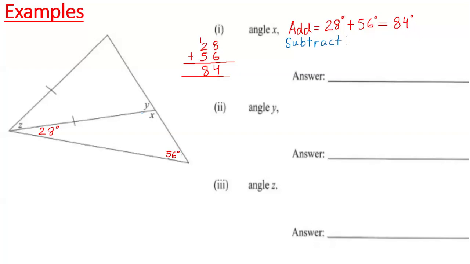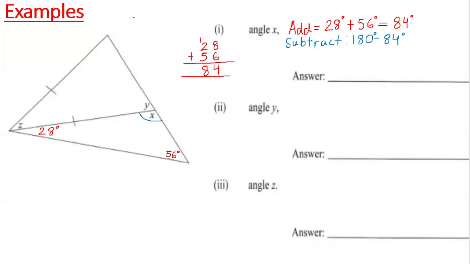And so remember, we're trying to figure out what this angle X is. Angle X is in a triangle, so this is going to be 180 degrees minus 84 degrees.